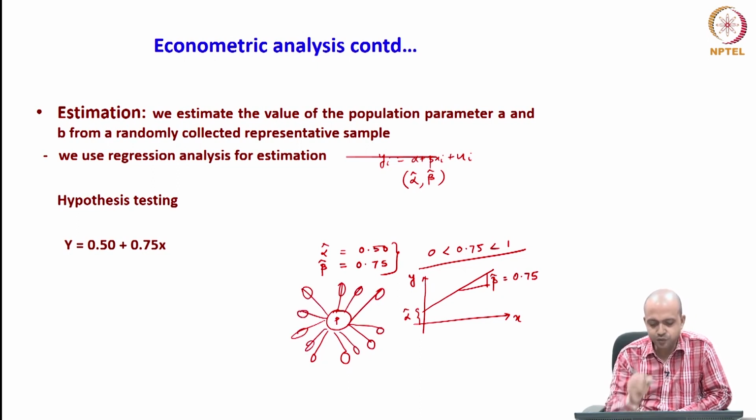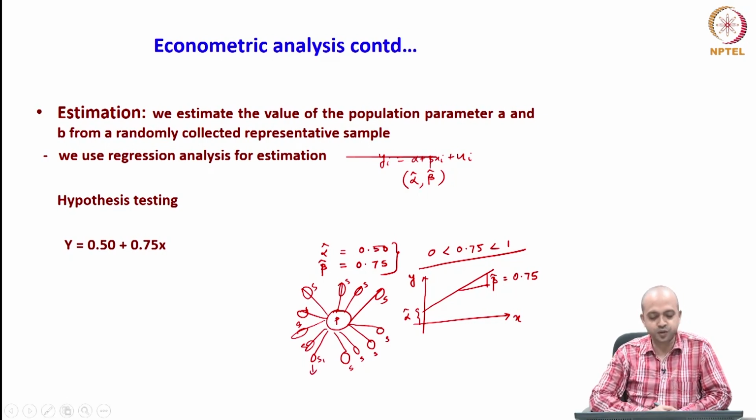These are all samples from the population. You have drawn only one sample, let us say this is S1, and in this sample it is 0.75.